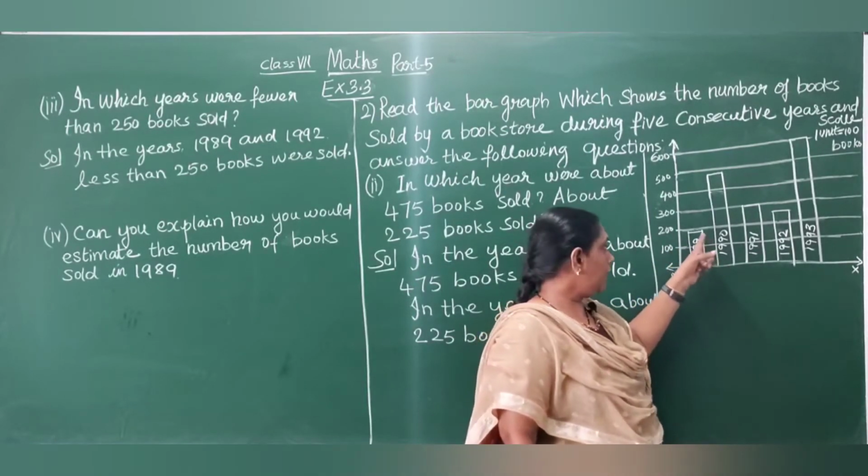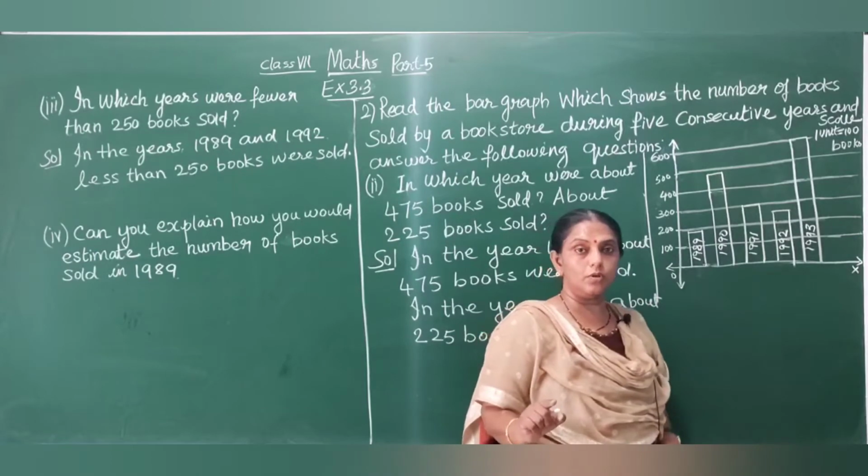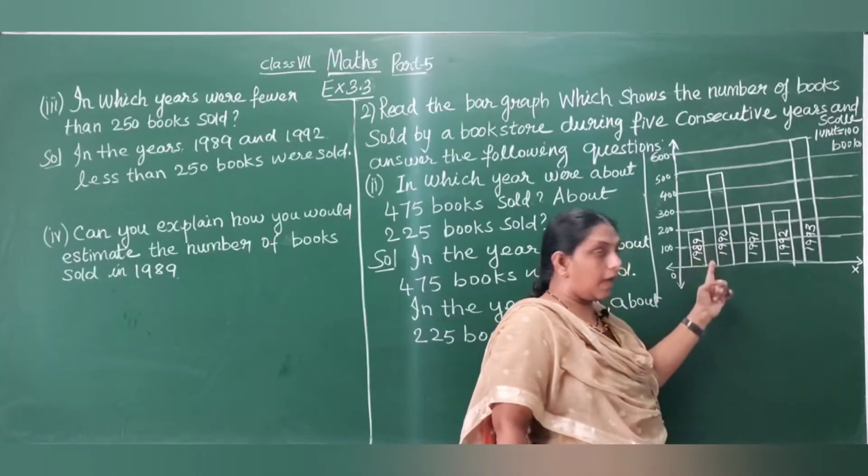In the fourth line only it measures 80 books. Okay, so it is 4 by 5 and 1 unit.